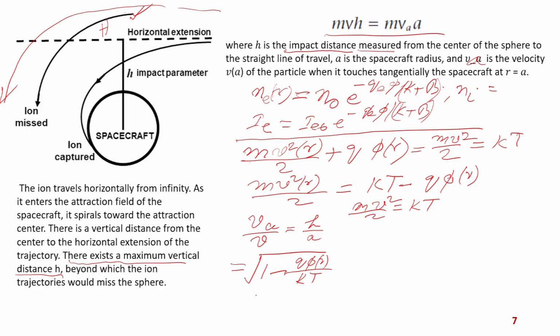So, then it means h is equal to A into 1 minus q phi r by k T. So, this is the derivation, this is the way it is derived.